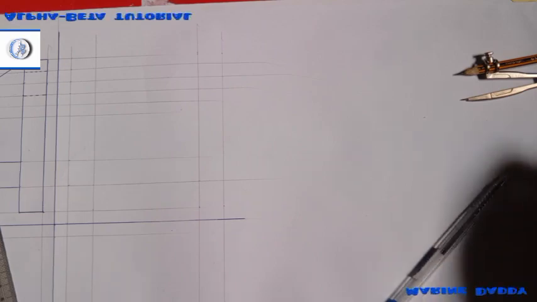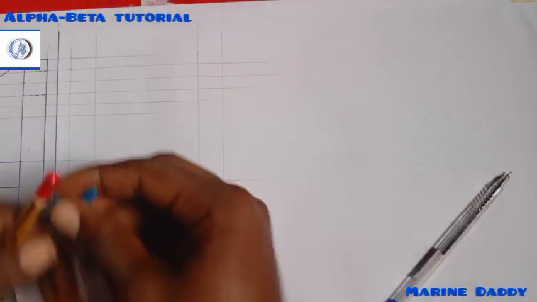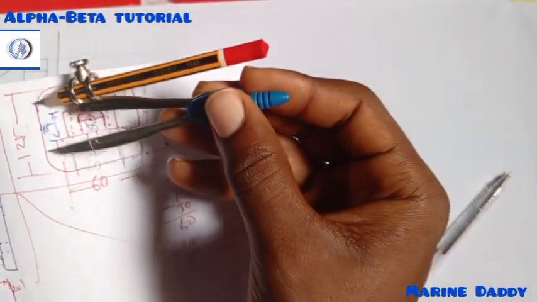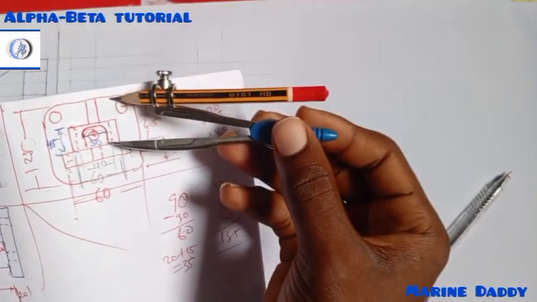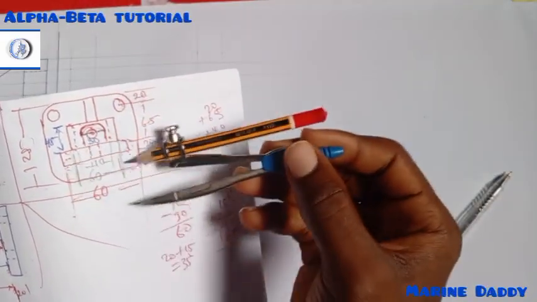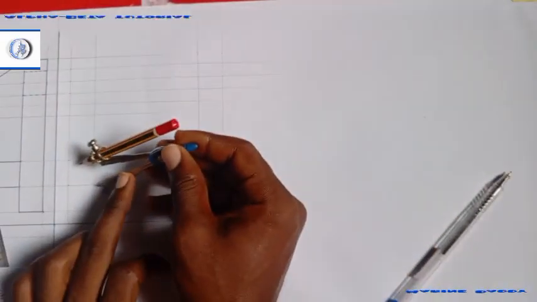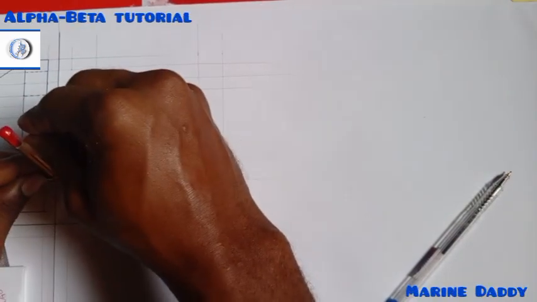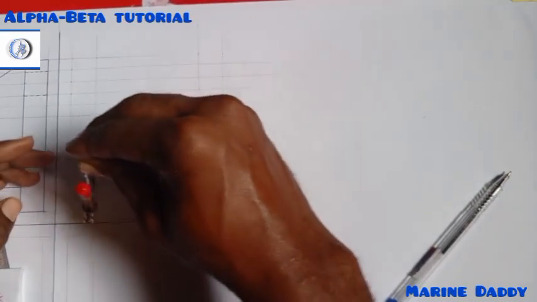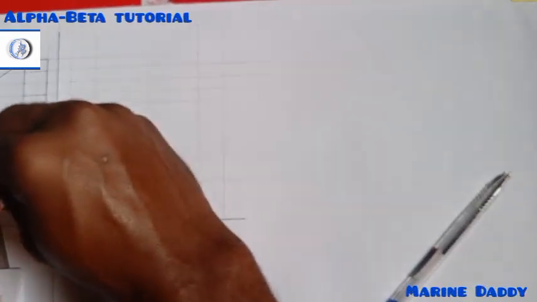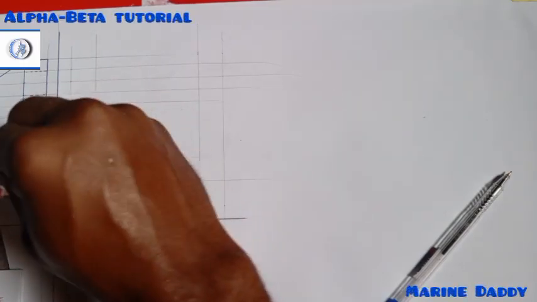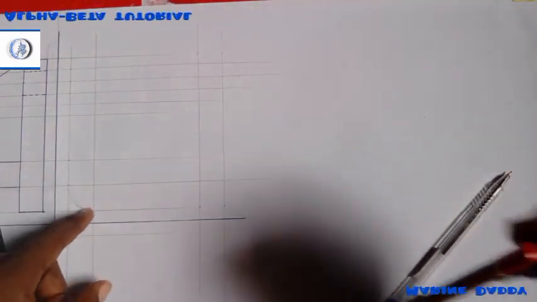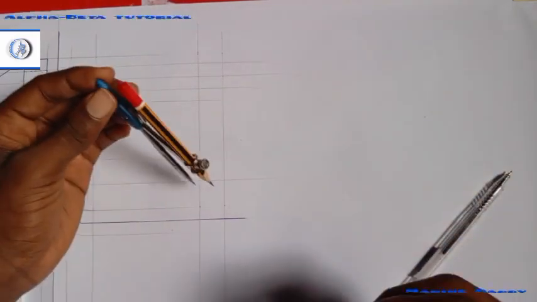So with this, I can draw my curvy line. As you can see, it's curvy this side, so as well as this and this. So that's the reason why we had to do this here. I've done it here, so I'll repeat the process here too.